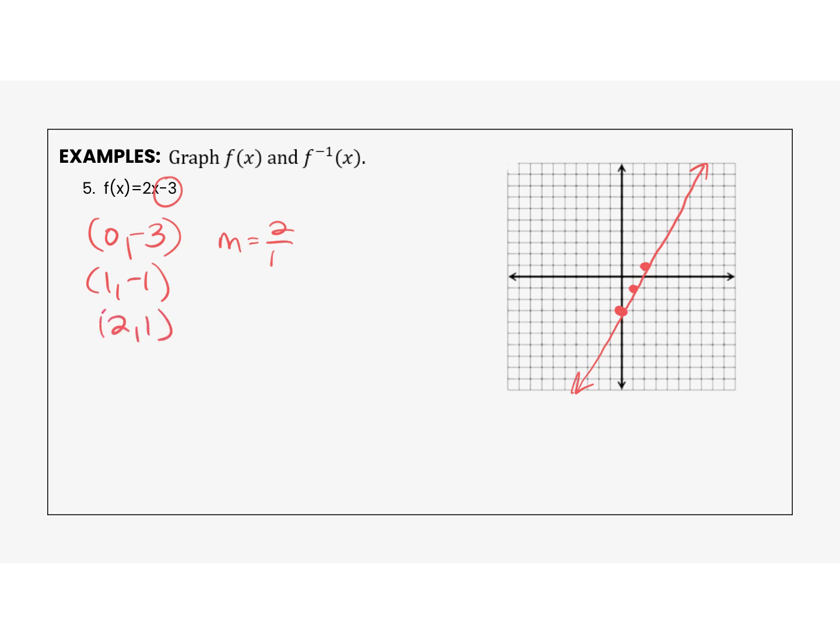So to graph the inverse, I'm just going to flip those. So I'm going to graph (-3, 0). I'm going to graph (-1, 1). Oops, (1, -1), not (-1, 1). And then I'm going to graph (1, 2).